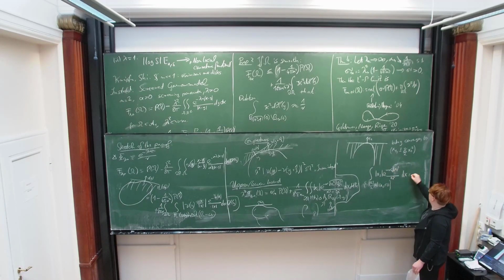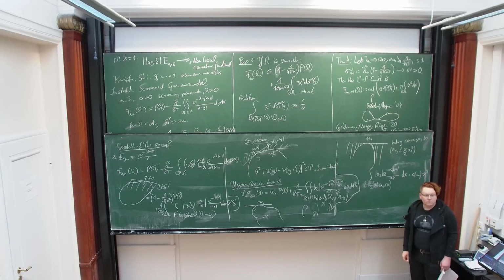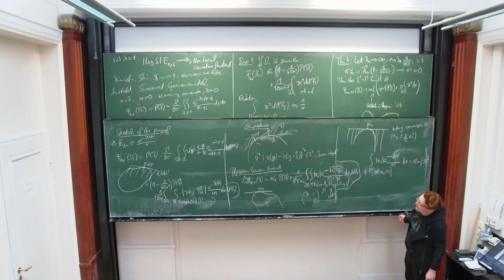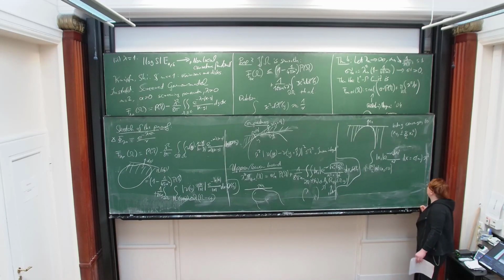So this is some constant that depends on alpha n times curvature squared. And that's how, in an upper bound, a very quick argument, you get the curvature squared out.